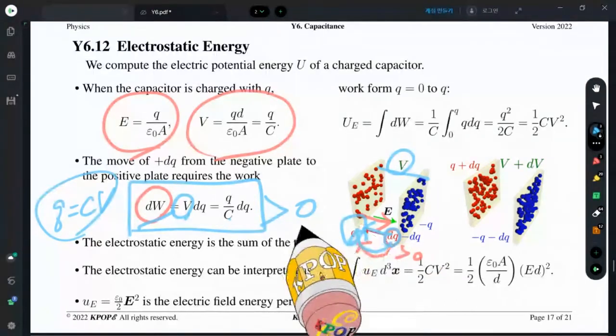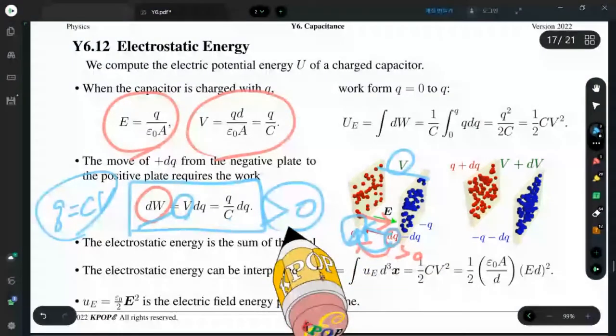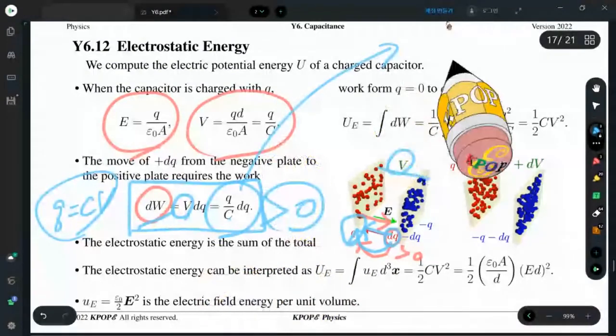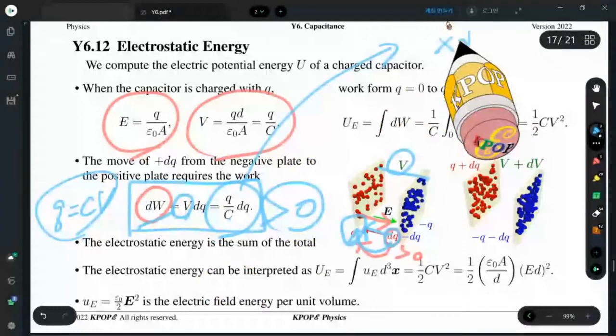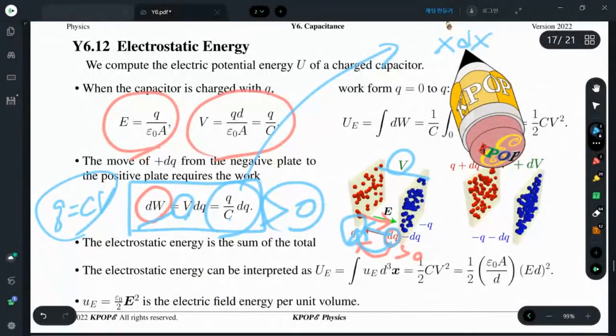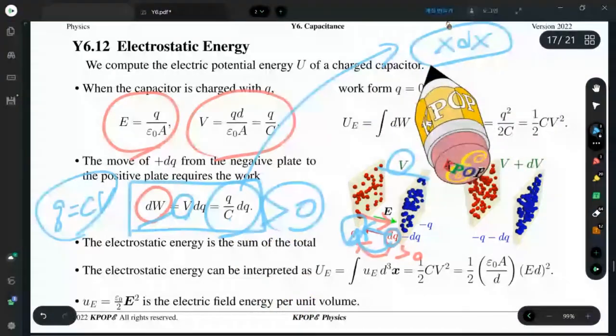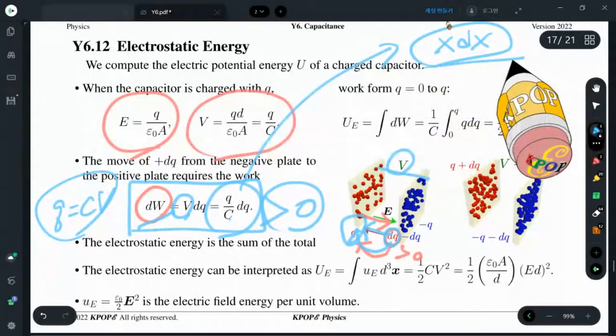You need to work in a positive sense. That is very, very similar to x dx. If you pull out the scaling factor, the physical dimensions, this integral remains.